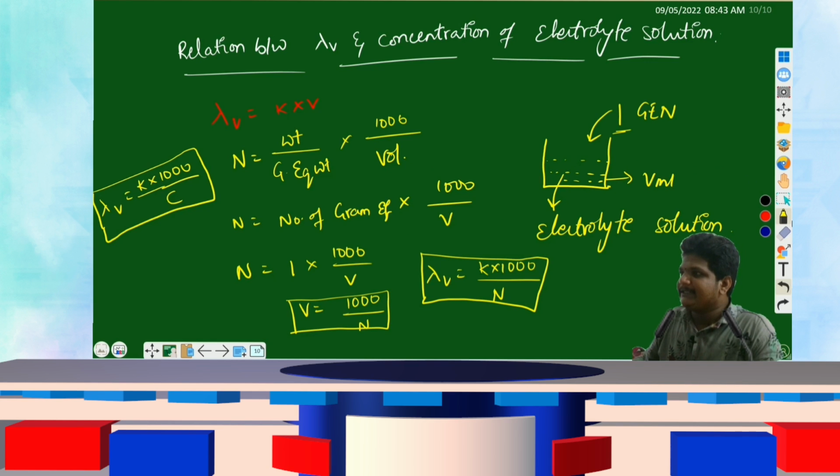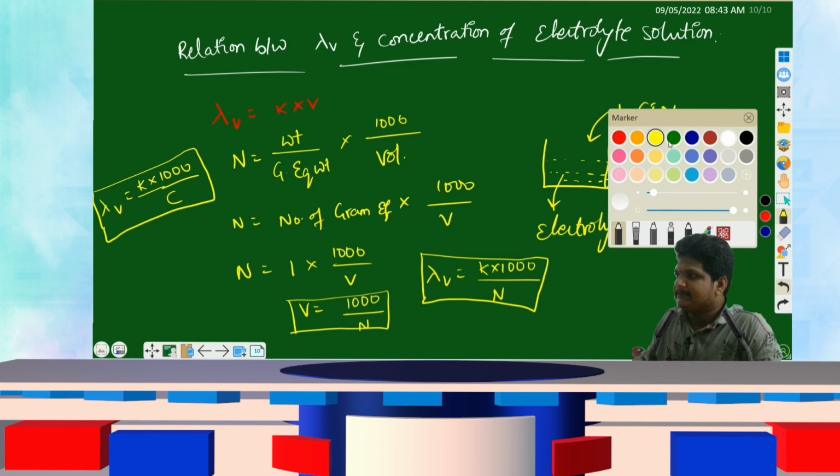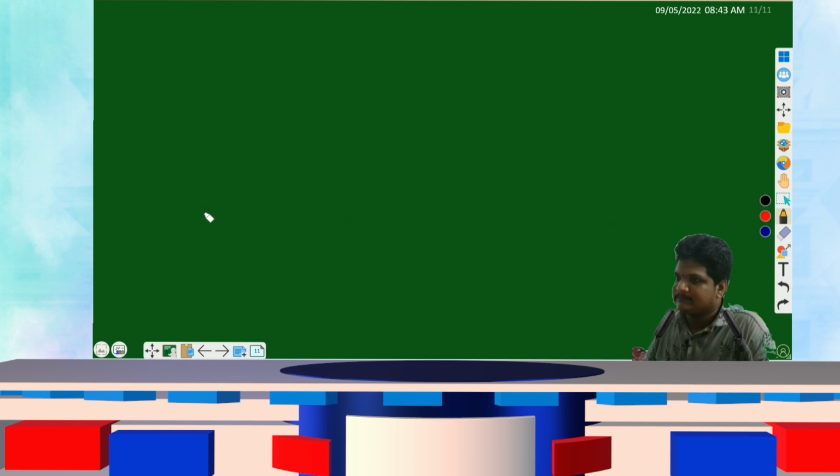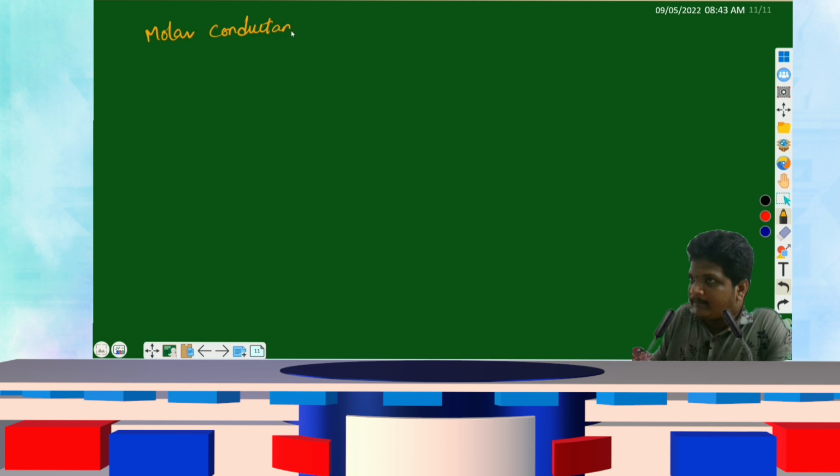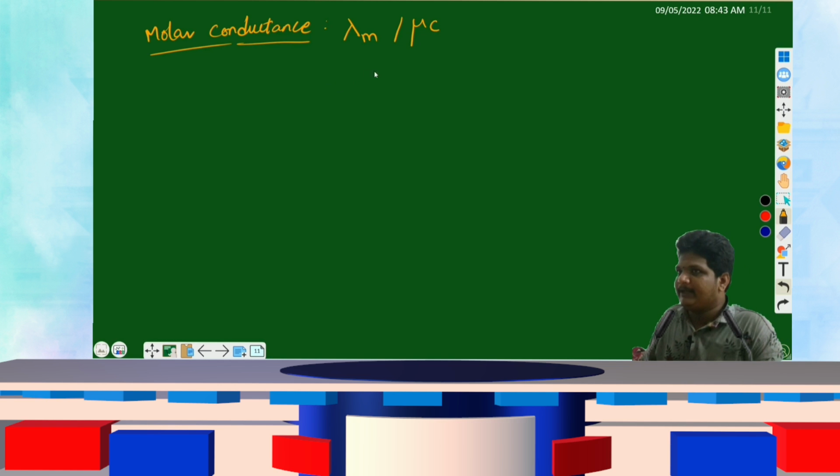Now let us see molar conductance. It can be denoted with lambda m. Some textbooks give mu c. Whatever the symbol may be, it can be denoted with lambda m or mu c. What is meant by molar conductance?